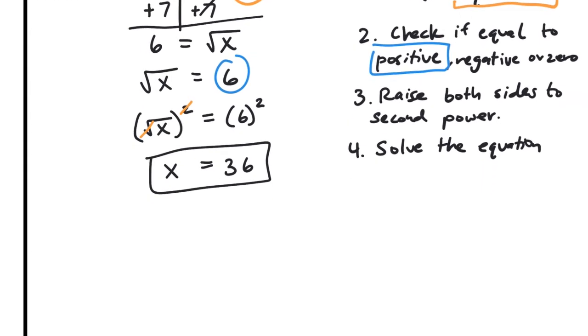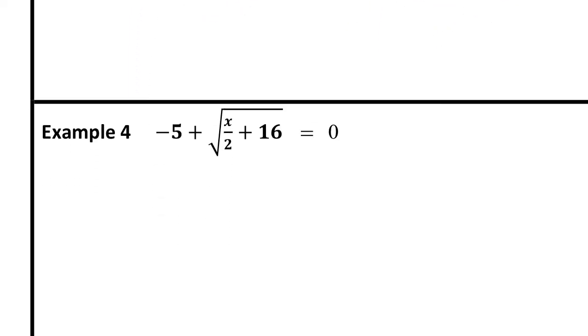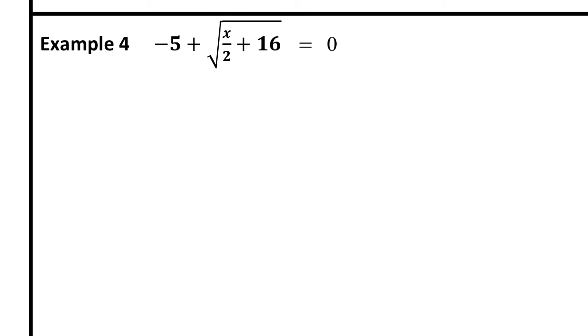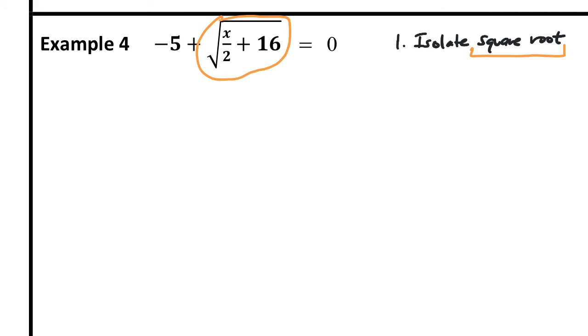All right, example 4. Step 1, isolate the square root. So I want to get the square root term by itself here. So the opposite of subtracting 5 is adding 5.